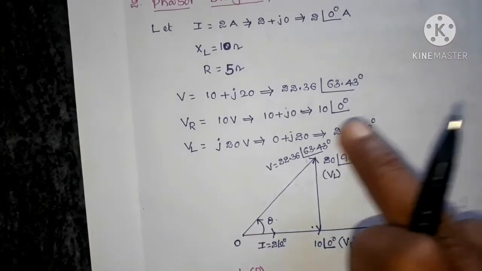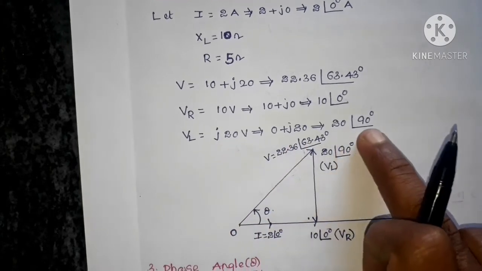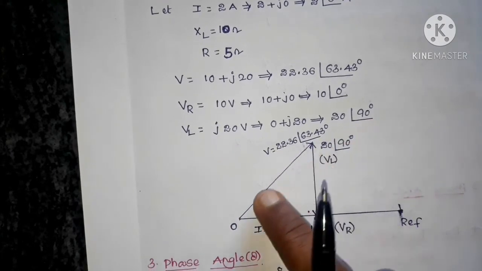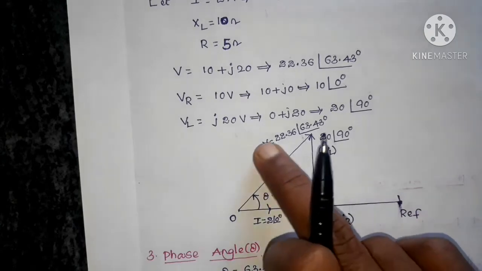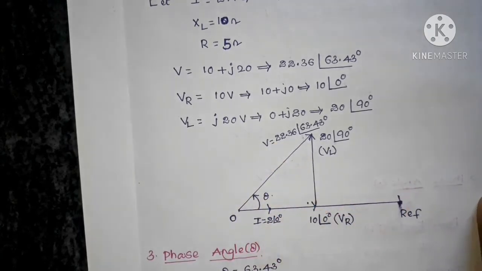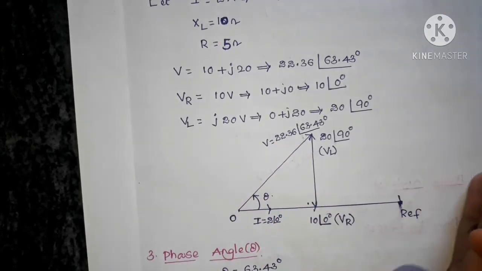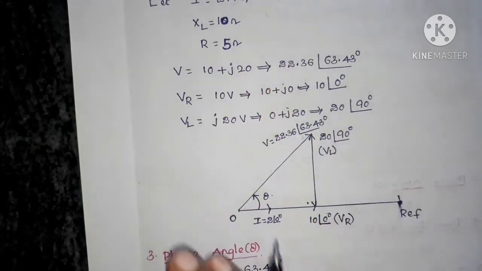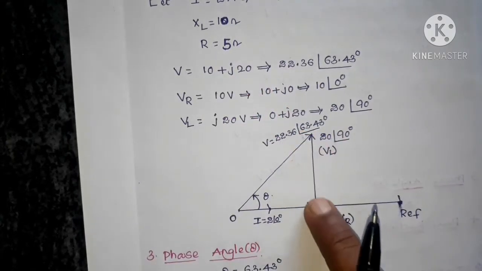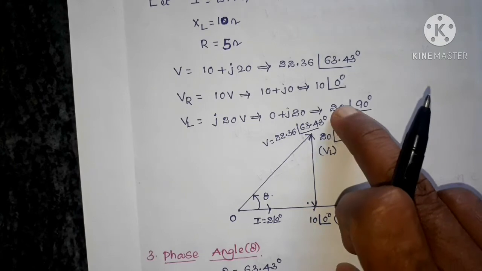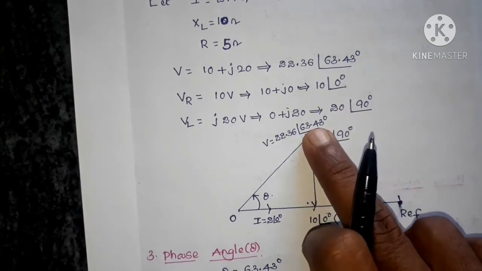If we see the voltage across the inductor, it is 20 at an angle of 90 degrees. This means VL is making an angle of 90 with the reference, anti-clockwise. So it is in the positive imaginary axis direction and the length is 20 units.